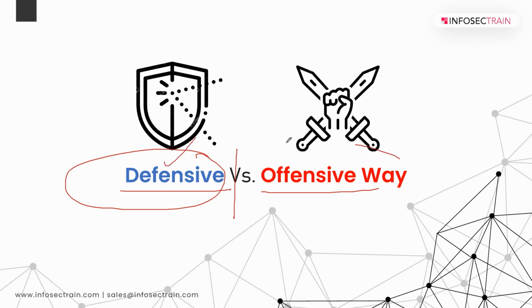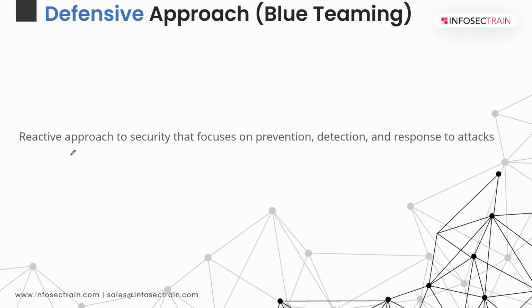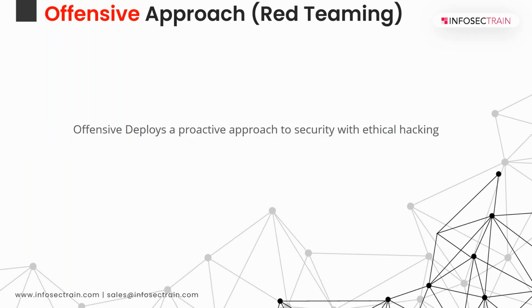And when you say the word offensive way, you are trying to do some attacks. Let me show you an example. When you say defensive, as we discussed, it's a reactive approach to security that focuses on prevention, detection, and response to attacks. It's also called blue teams in companies. When you talk about the offensive approach, team, it's a proactive approach.